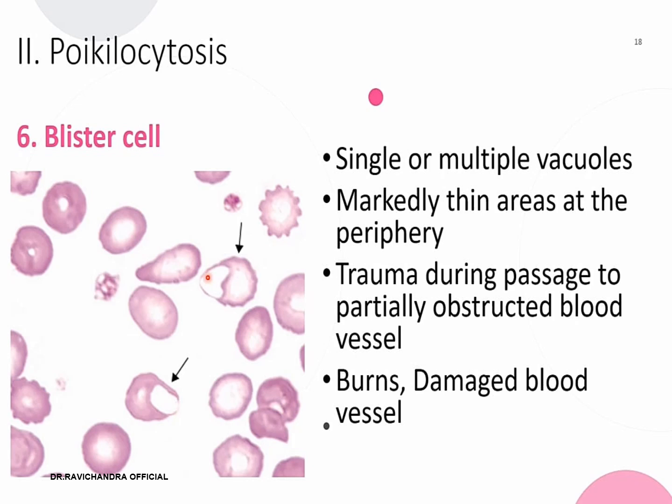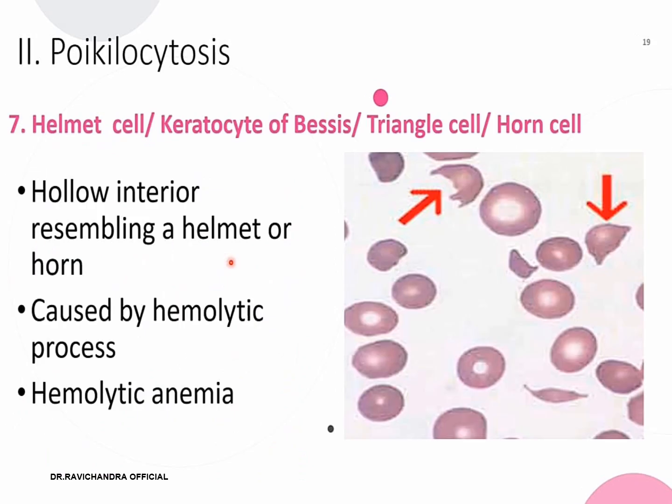Next is blister cell. These are single or multiple vacuolated cells with markedly thin areas at the periphery. Trauma during passage through a partially obstructed blood vessel will result in a blister cell, and they are seen in burns and damaged blood vessels. Helmet cell or keratocyte or triangle cell or horn cell.